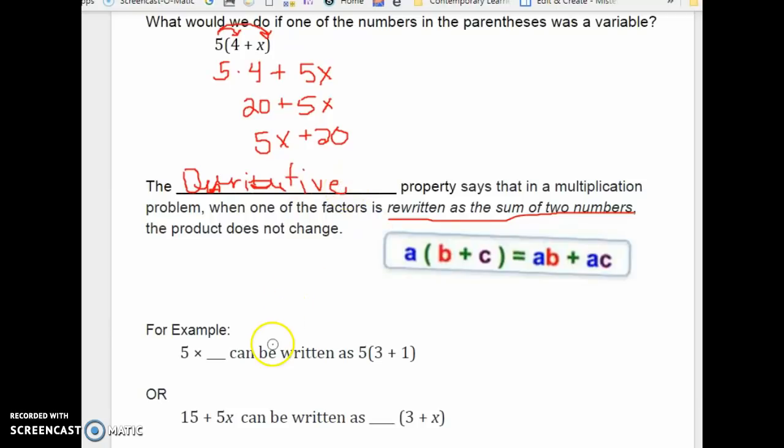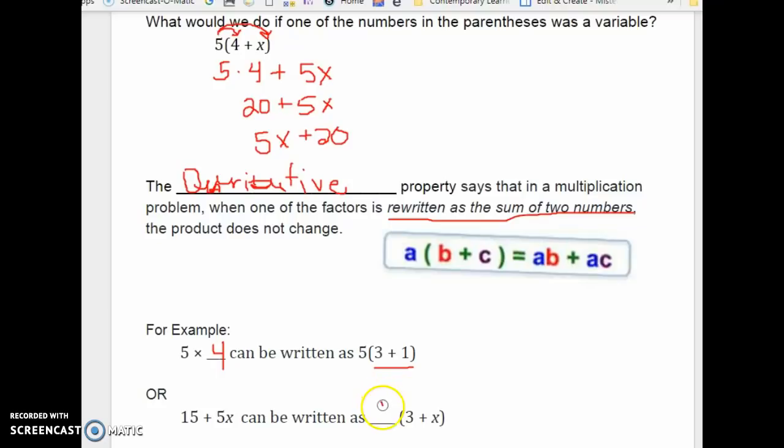For example, 5 times what can be written as 5 times 3 plus 1? Well, in parentheses, I know 3 plus 1 is 4, so that is the same thing as 5 times 4. Down here, though, it says 15 plus 5x can be written as what? Well, they're not like terms. I can't add them together, but I know they both have a common factor of 5.